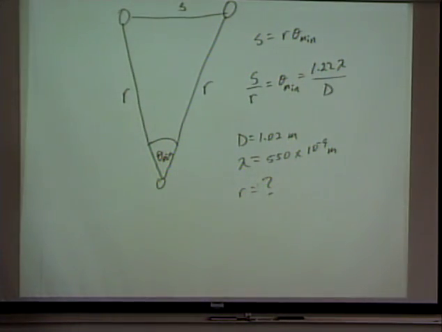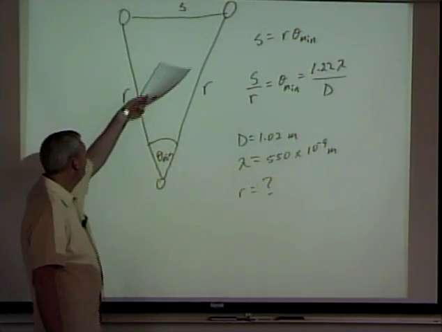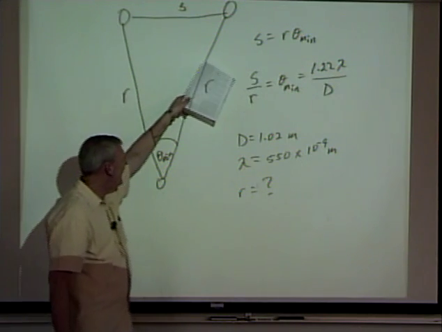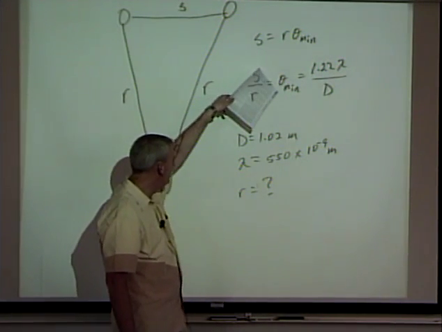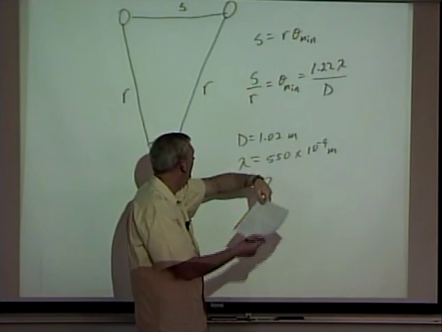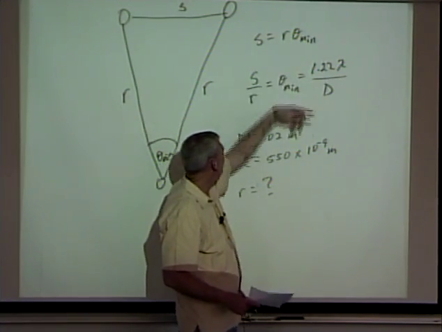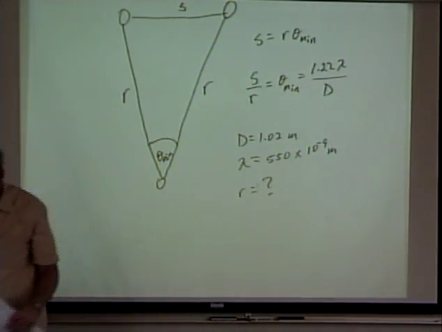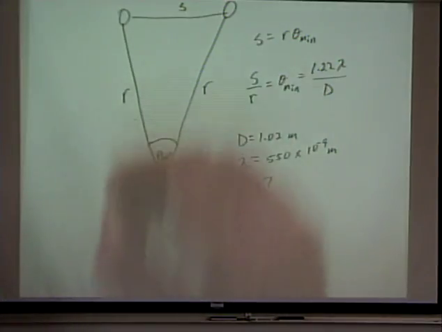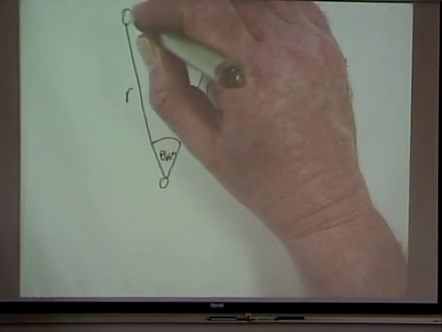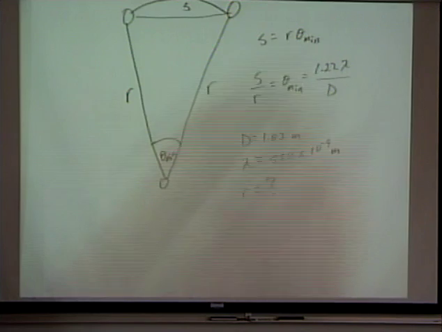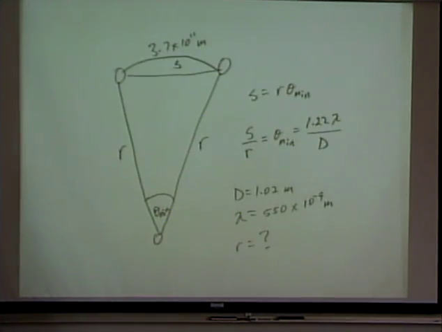That's the way you do these. The key is to know that the distance between these 2 is S, and S over R is equal to theta min because of S equals R times theta min, since this angle is so small. Some of you might be thinking, I thought S was curved.